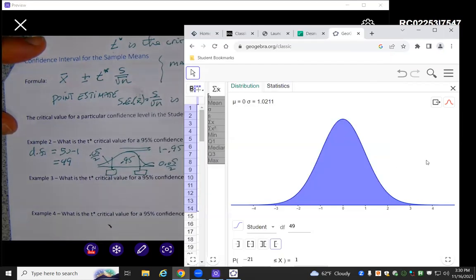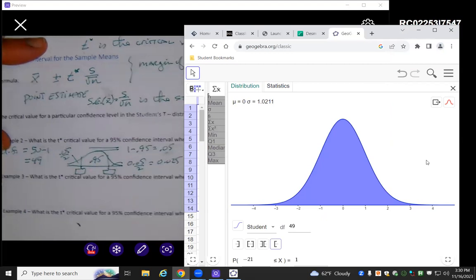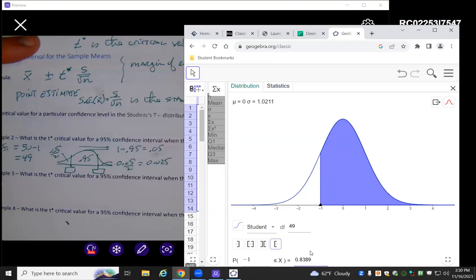So I'm going to come over here. And again, this value here is 0.025. The end point is 0.025. I'm clicking to the right.